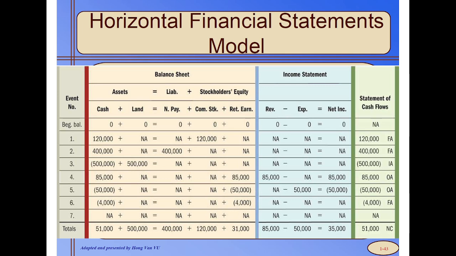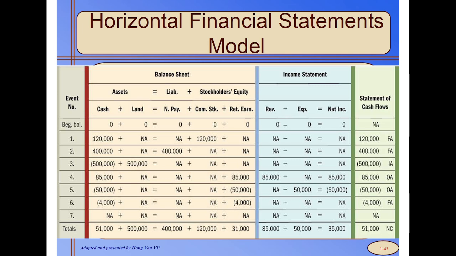Finally, we used the data from those transactions to prepare the four key financial statements: the income statement, the statement of changes in stockholders' equity, the balance sheet, and the statement of cash flows. These reports tell the economic story of a business.